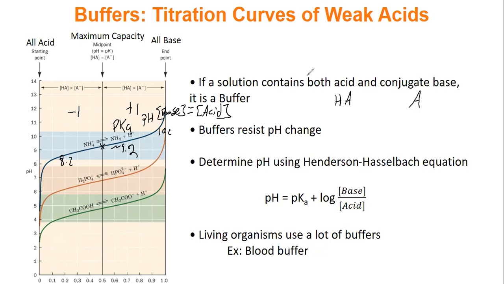If you go below 8.2, you can see this giant drop. pH drops very fast because the buffer no longer works. If you keep adding acid, it's going to interact with the water instead of the buffer. Conversely, if you go above 10.2 and you keep adding base, that base no longer interacts with the buffer. It'll start interacting with the water and make the pH just skyrocket up.